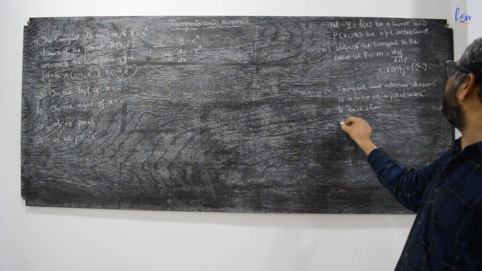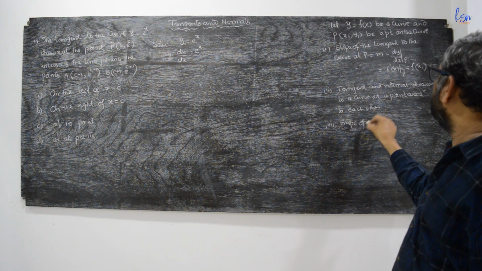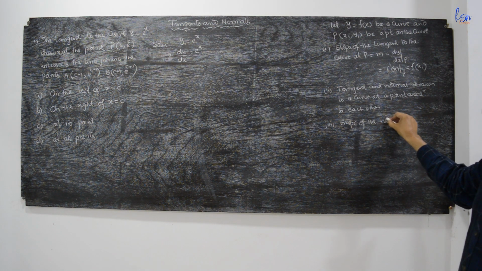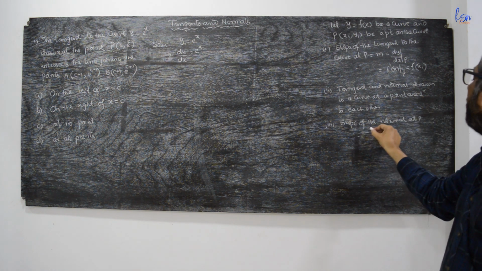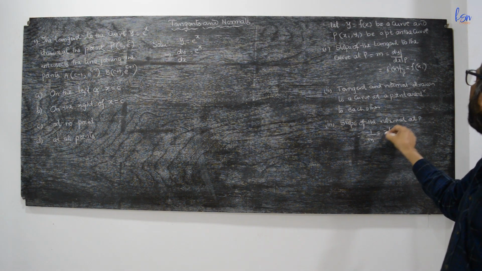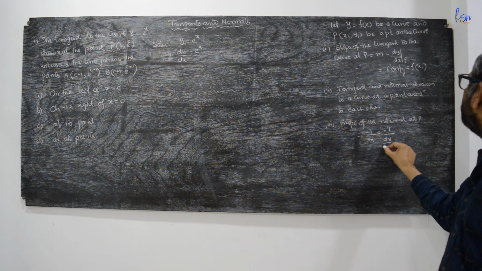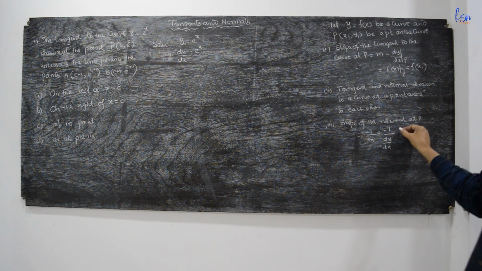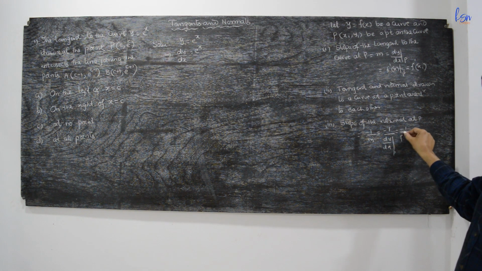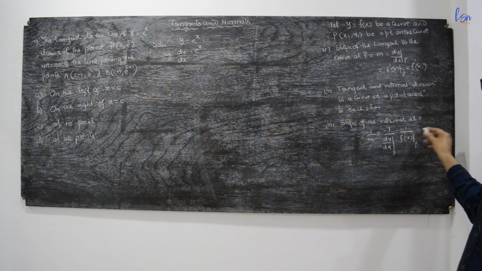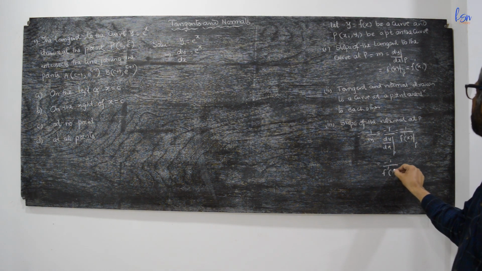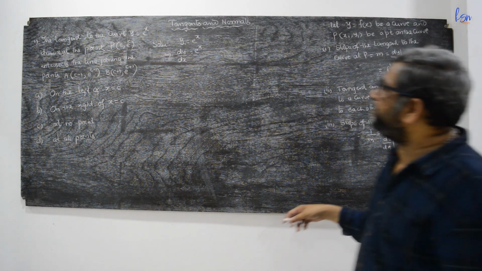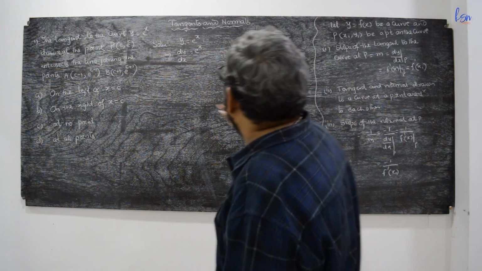So, the slope of the normal at P is equal to minus 1 by m is equal to minus 1 by dy by dx, where m is the slope of the tangent. This is dy by dx at P. This is equal to minus 1 by f dash x at P is equal to minus 1 by f dash x1. Now using this formula here, we will solve this problem.